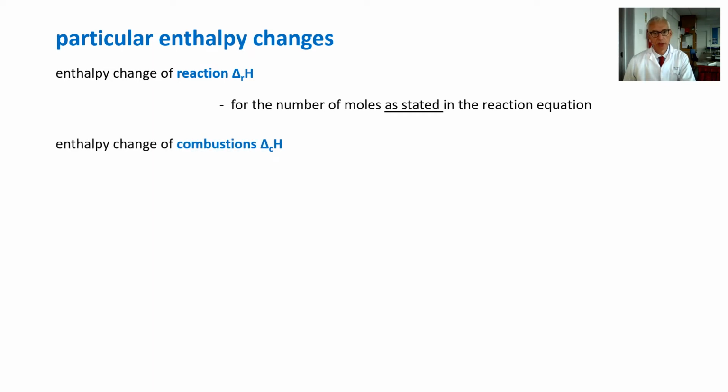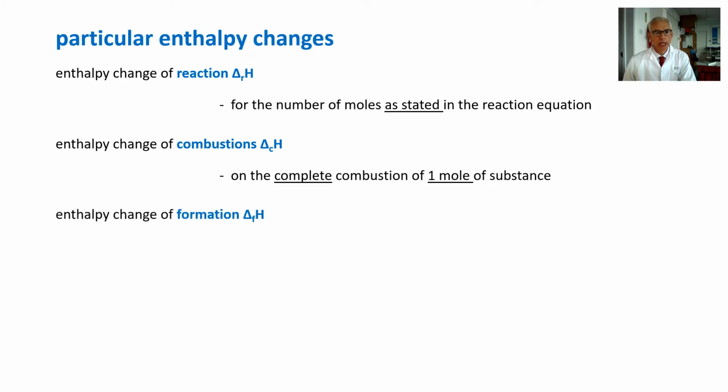The first one you need to know about is the enthalpy change of combustion, delta CH, and this refers to the complete combustion of 1 mole of substance. Following that is the enthalpy change of formation, delta FH.